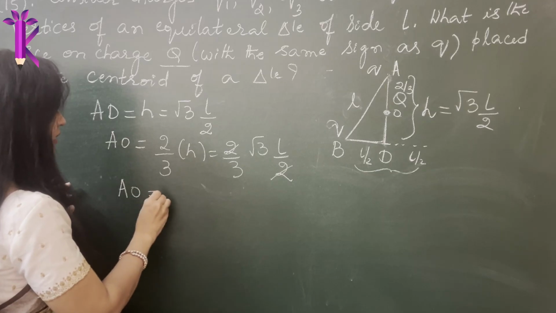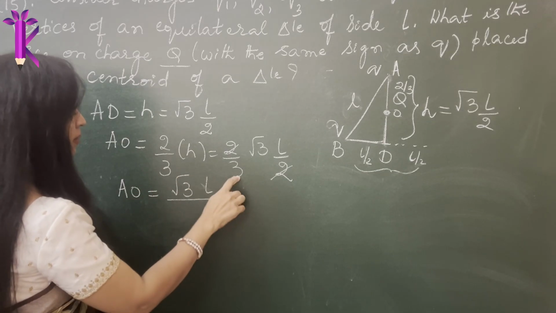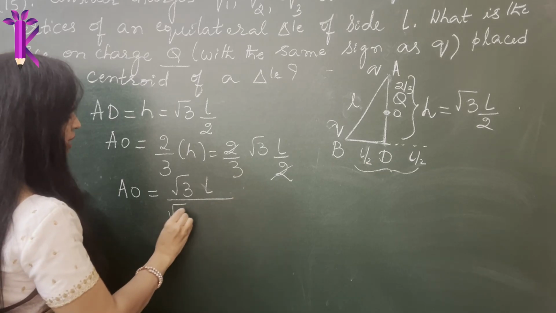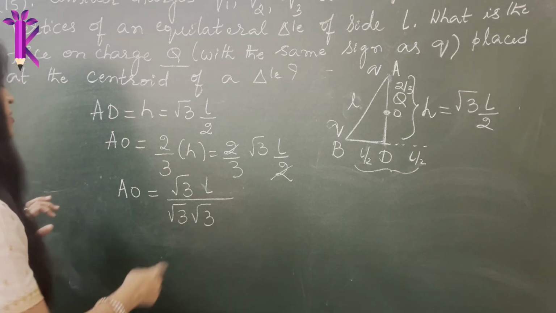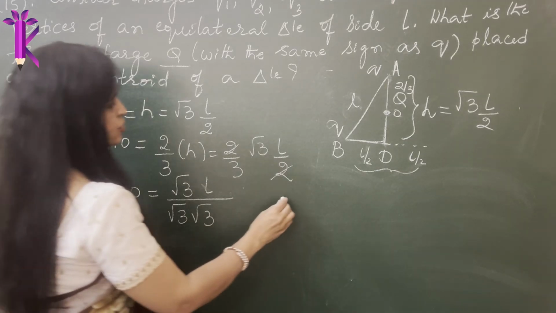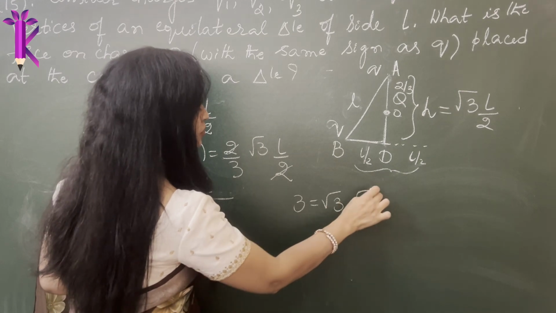This can be rewritten as square root of 3 into L whole divided by 3, which can be written as square root of 3 into square root of 3. How do you write this as square root of 3 into 3? I will show you that. How do we write 3 as square root of 3 into square root of 3?